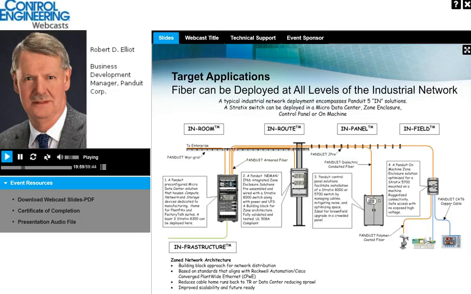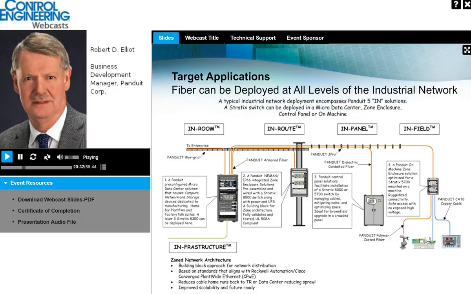This is quite a complex diagram, but what it shows is how fiber can be deployed at all the levels of an industrial network. You may recall the slide quite early on in the presentation that talked about what the typical shop floor looks like. We can see here on the left-hand side the micro data center is then fed by cable from a DMZ or an enterprise.